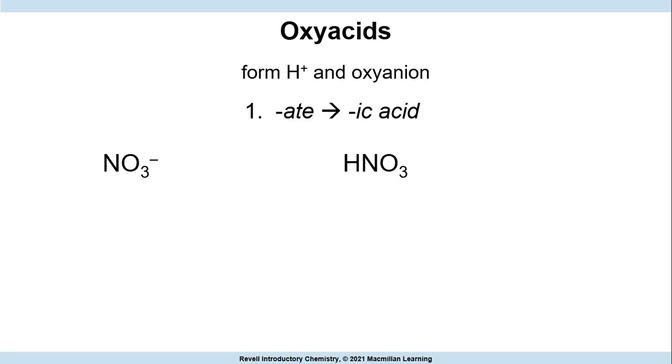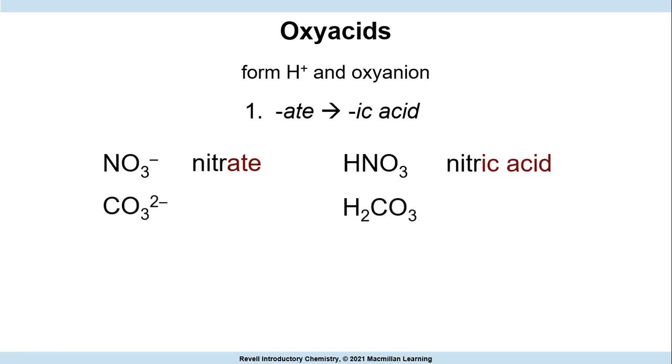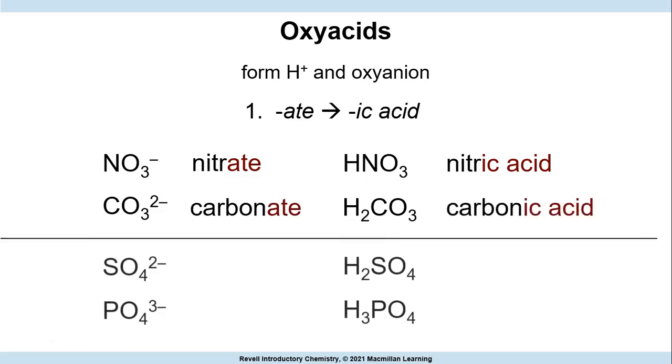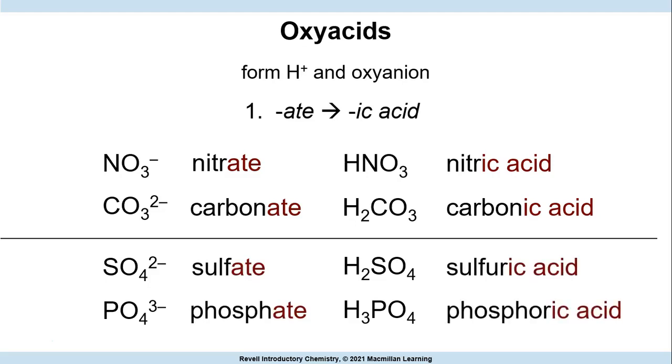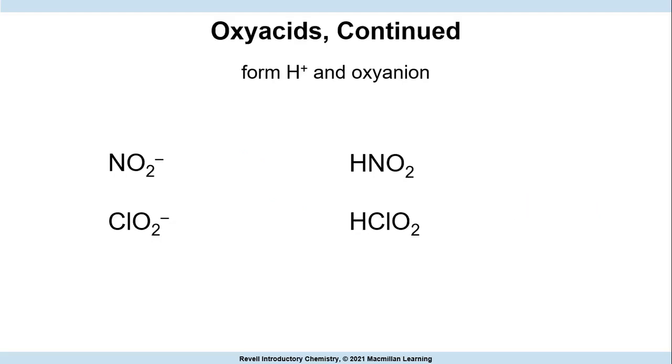For the nitrate, we add hydrogen to it and it becomes nitric acid. For carbonate, we add hydrogen and it becomes carbonic acid. For the sulfate, it becomes sulfuric acid, and for the phosphate, it becomes phosphoric acid. So that is how we name the oxy acids.